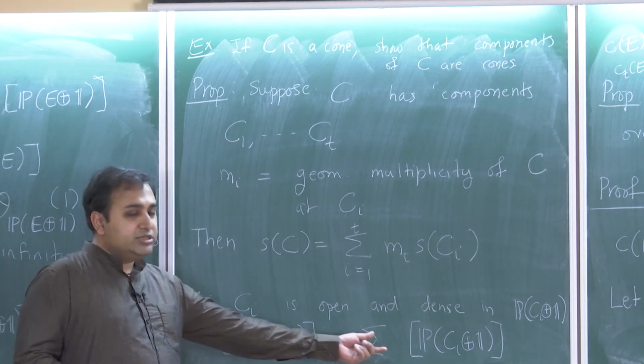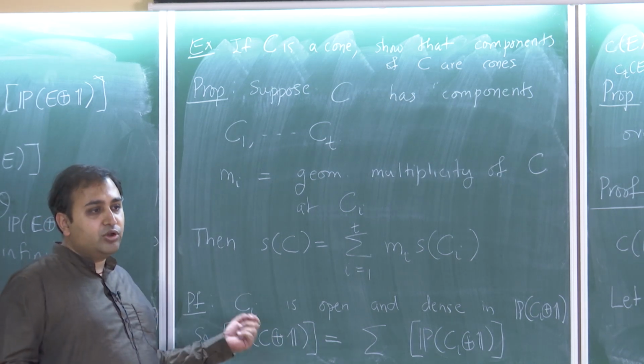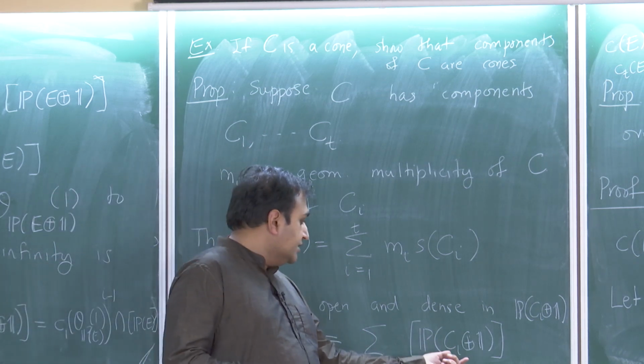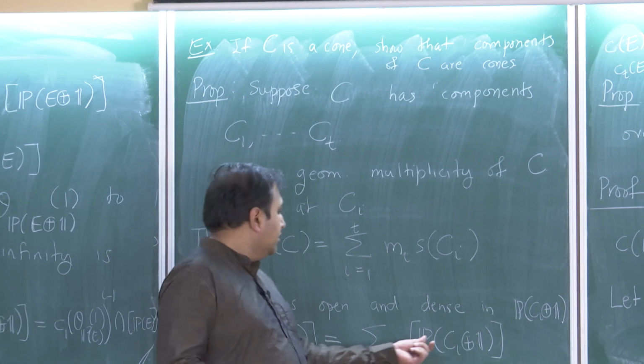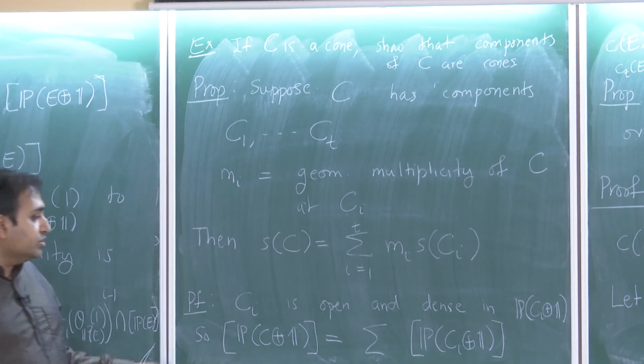To see what the coefficients are, you only need to look at the generic points of all the components. Their generic points are basically the generic points of the Ci's, so this is just again Mi.